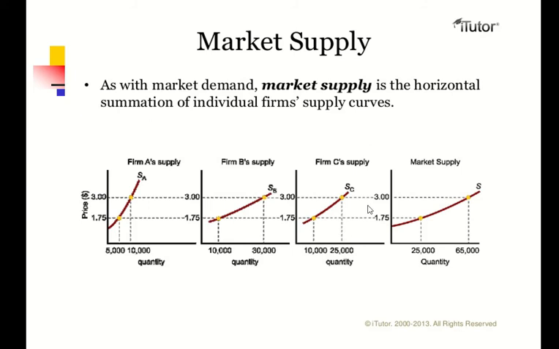So how about the market? The market supply is simply the horizontal sum of each one of these individual firm supplies.